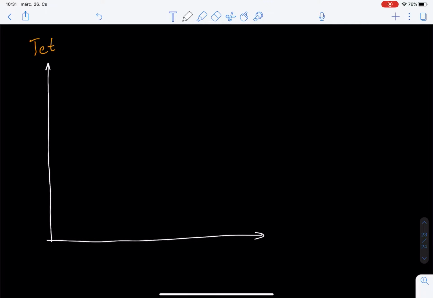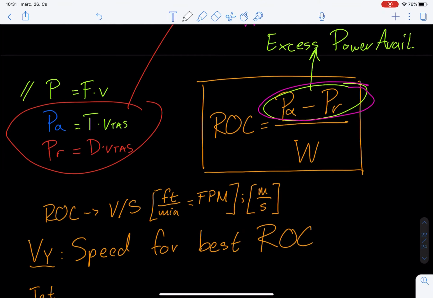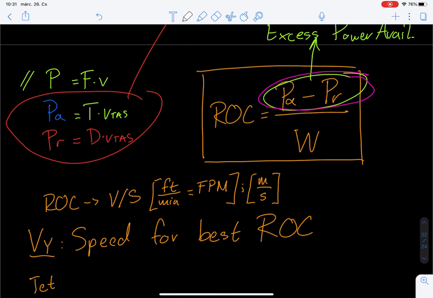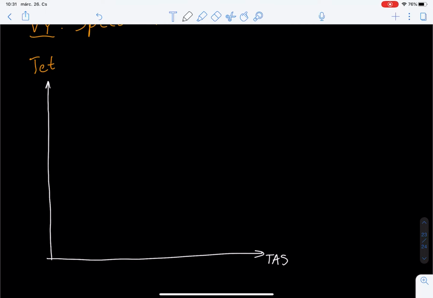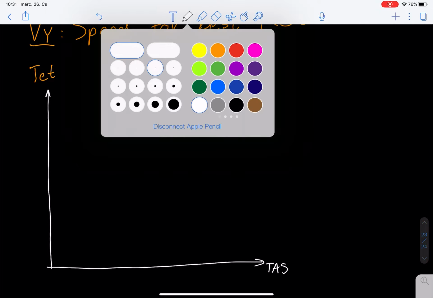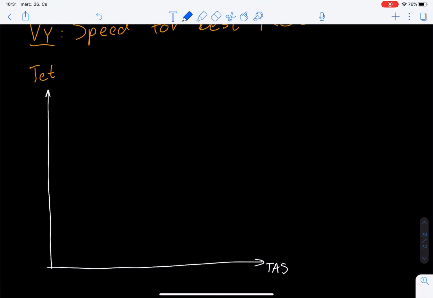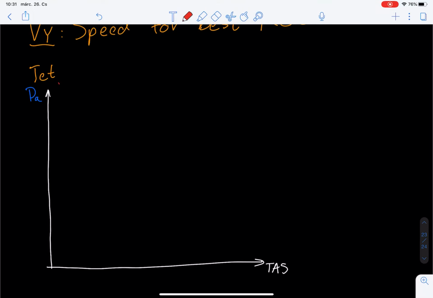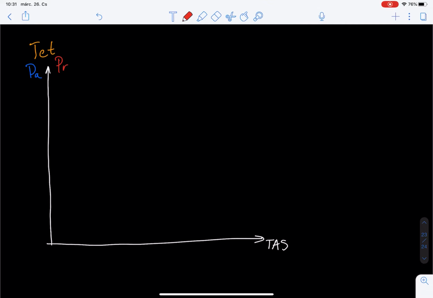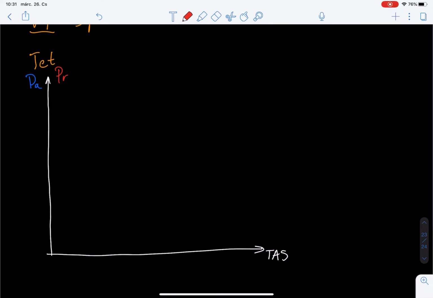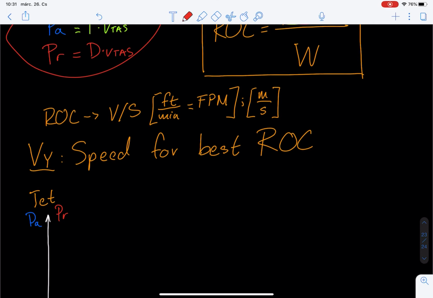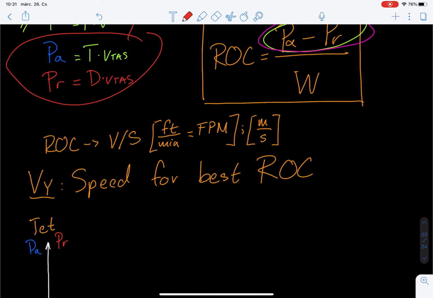In this case we plot everything against true airspeed, because we multiplied the angle of climb by the true airspeed. We're going to have power available and power required as well. If you remember, the power available is the thrust times the true airspeed.